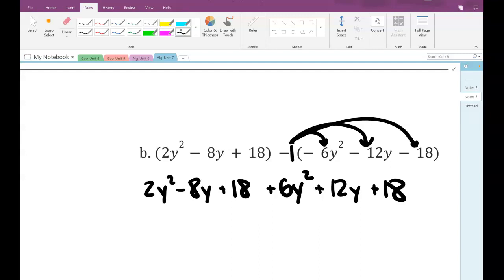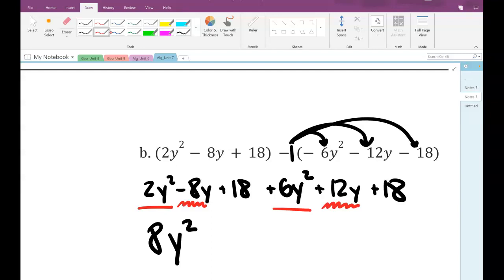Combine like terms, looking for my highest degree term so I can get it in standard form, would be my y squareds. I have 2y squared and 6y squared, so that would give me 8y squareds in total. I have two y terms. I have negative 8 and positive 12.